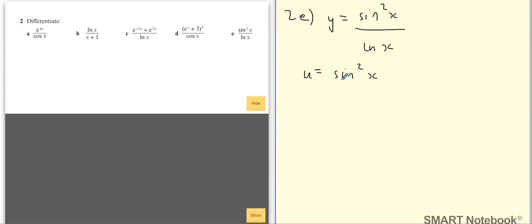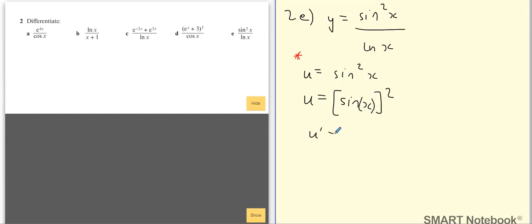If we ever have trig ratios to any power, you need to make a note of this. Trig ratios to any power, we want to put it in square brackets and write it like that, so that we can use the chain rule to differentiate it.